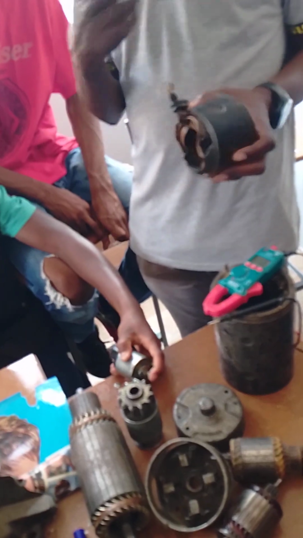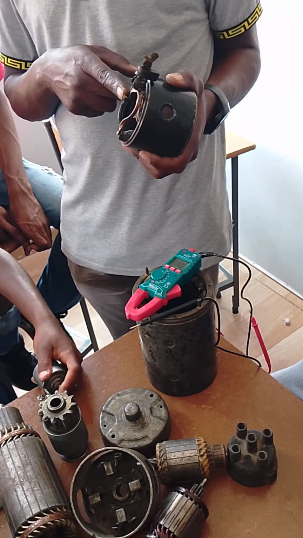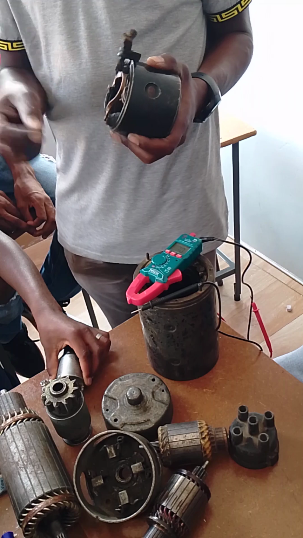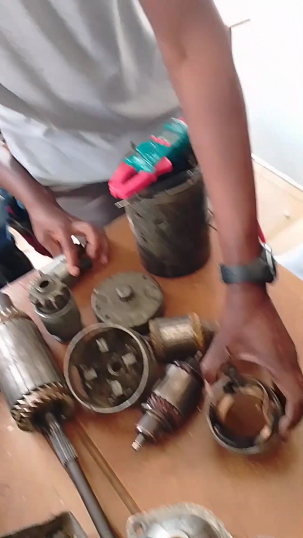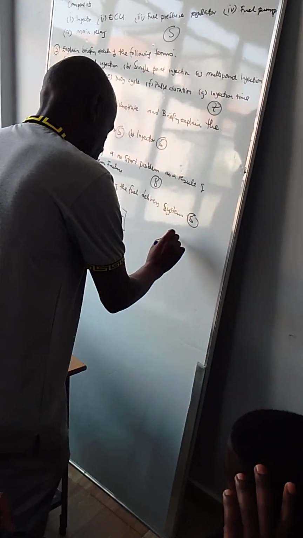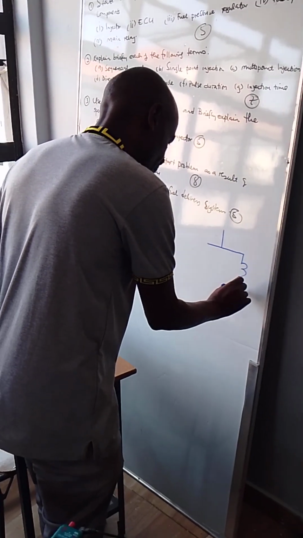So what we expect is there should be an electrical connection between this point and the other brush, this point and the other brush. Okay, let me maybe just illustrate this with a simple sketch for a second.